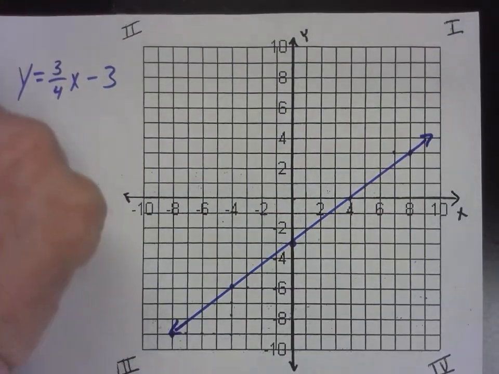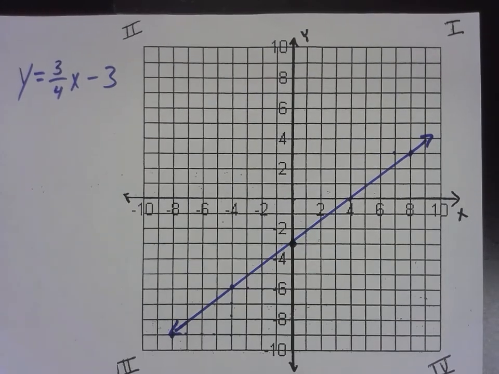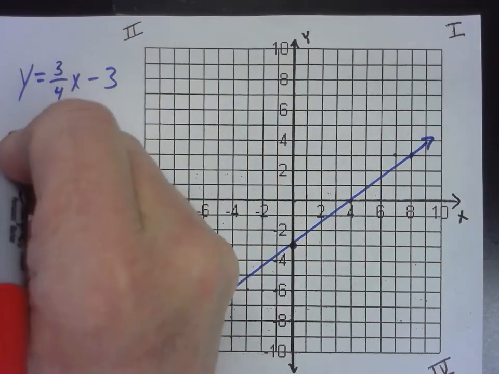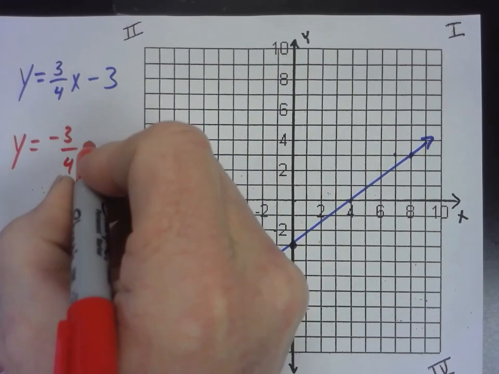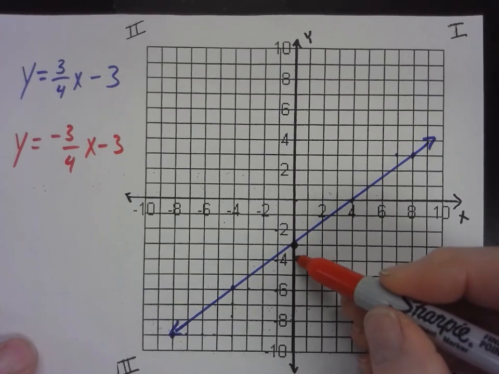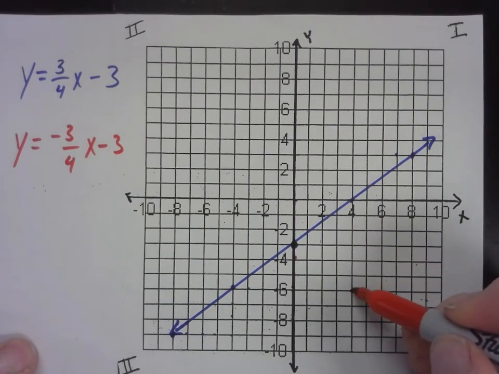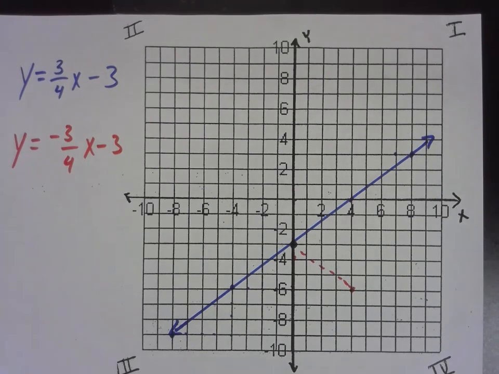Okay. Now, I'm going to start in the same spot right here. Negative 3/4. So if we change the sign, up 3 over 4. Does that look perpendicular? What do you guys think?